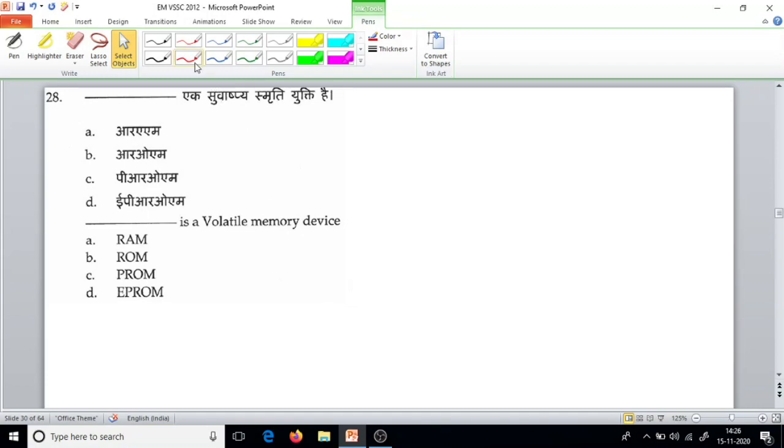Question number 28. Dash is a volatile memory device. Volatile memory means no power, no memory.